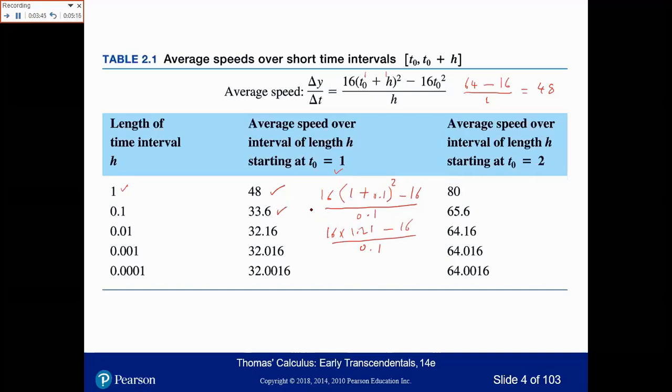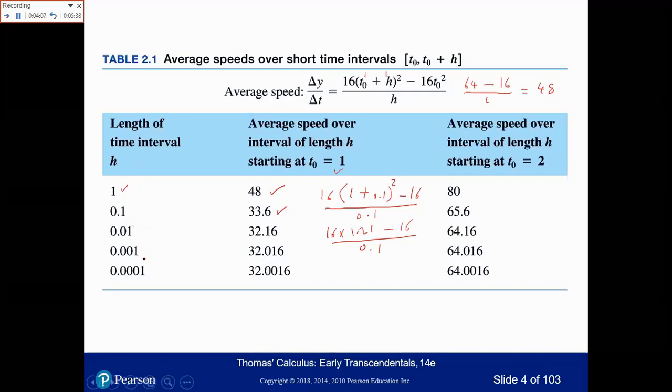If you do the math, you'll get the same answer. If you just keep going, what's happening to h? We're getting it smaller, and smaller, and smaller, right?